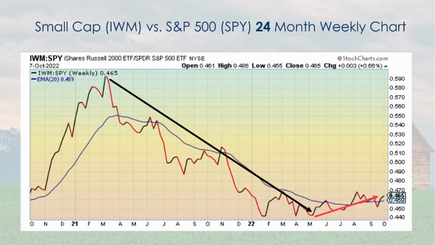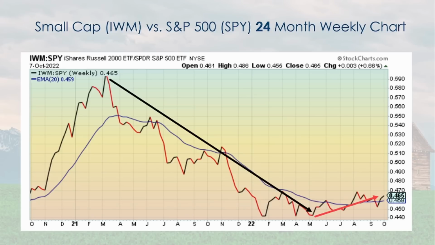This is measuring a 24-month period, and it shows the long-term direction of small cap versus large cap. Small cap is mostly out of favor, meaning that it's going down, and then it's starting to come back into favor, as evidenced by the red line at the end.